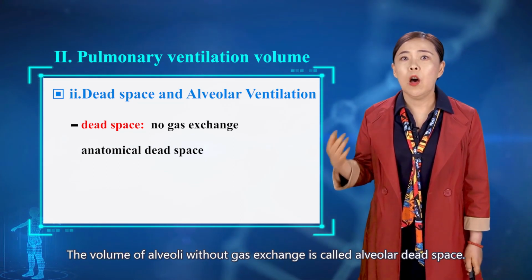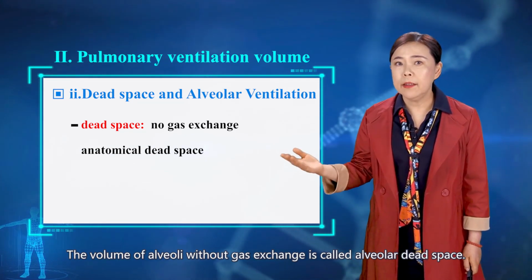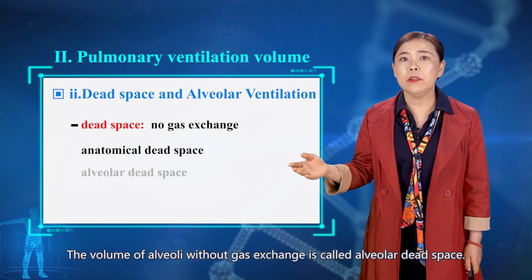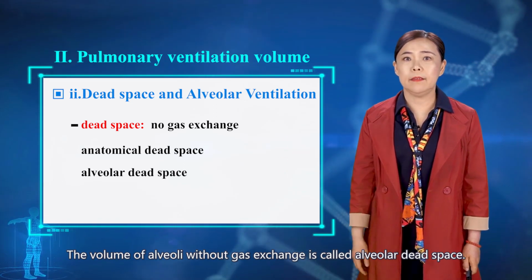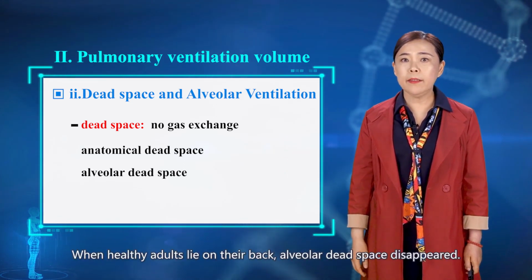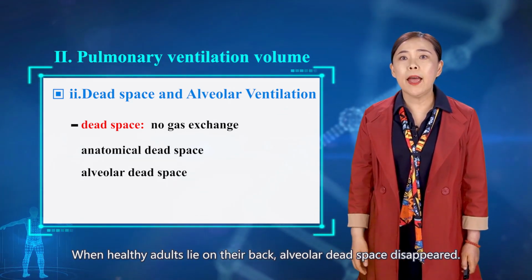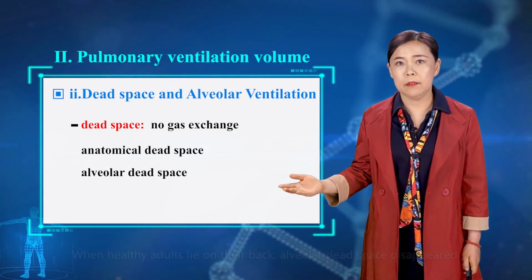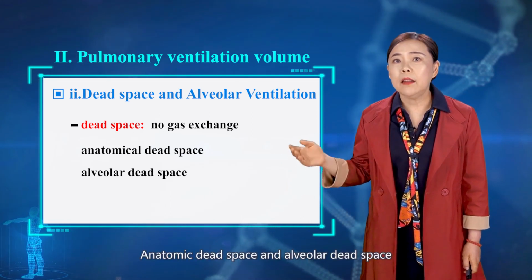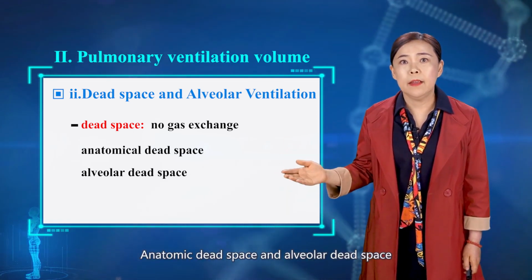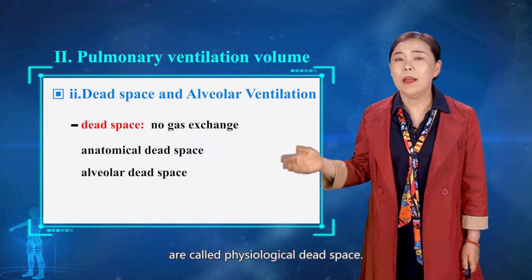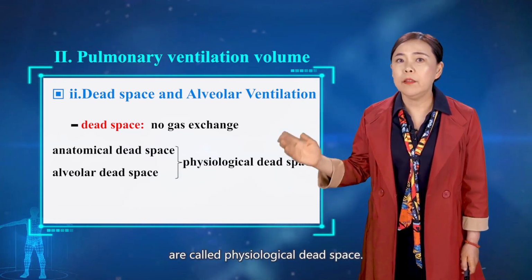The volume of alveoli without gas exchange is called alveolar dead space. When healthy adults lie on their back, alveolar dead space disappears. Anatomic dead space and alveolar dead space are called physiological dead space.